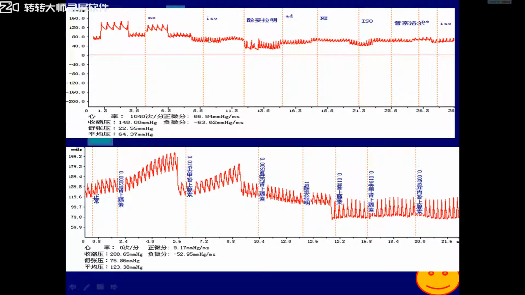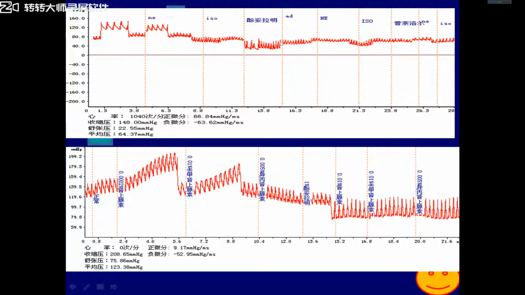And then blood pressure went back to normal, we gave isoprenaline. Isoprenaline has no effect or only a little increase on blood pressure. Then blood pressure is normal. We gave phentolamine, an alpha receptor blocker. After we injected phentolamine, we found the blood pressure reduced, and then we waited 3 minutes.